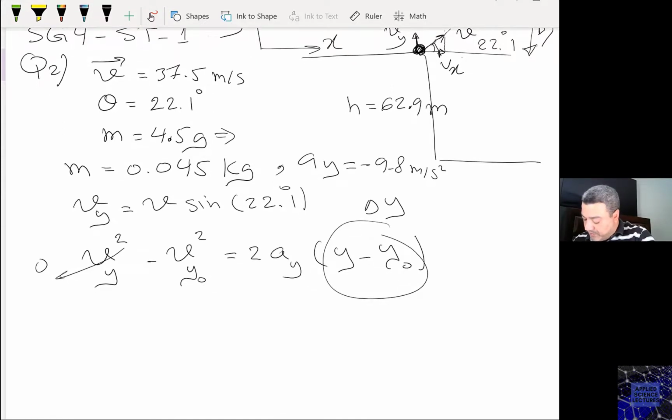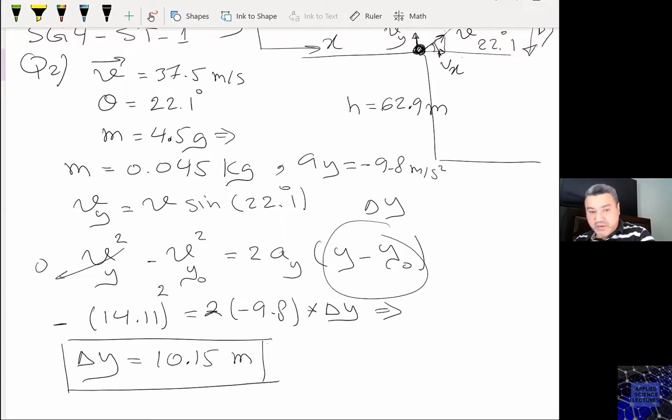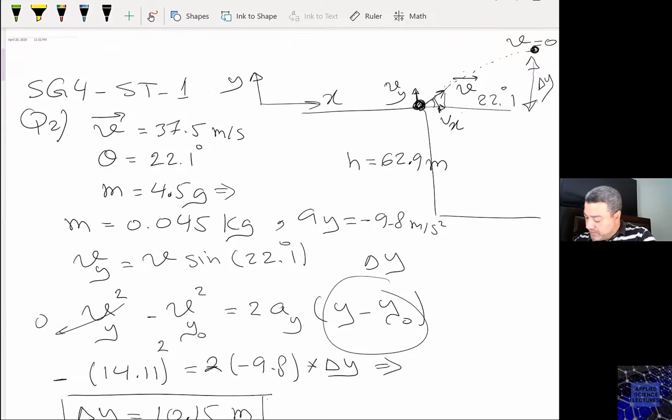So I have here minus 22.11 squared equals 2 times minus 9.8 times delta y, and delta y equals 10.15. This is my delta y. It's going to give me the maximum height.